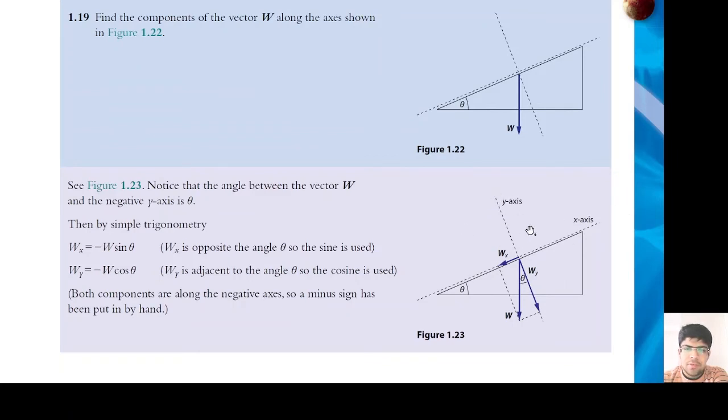Here both the x and y components are positive, and here the y component is positive but the x component is negative. In this part the x component is negative and the y component is negative, and here also both are negative, so we take both negative. That's why.